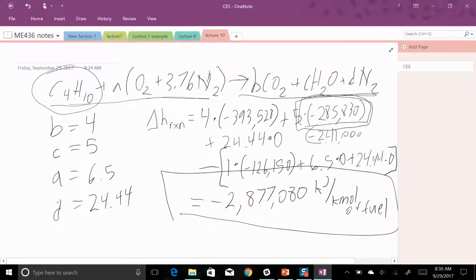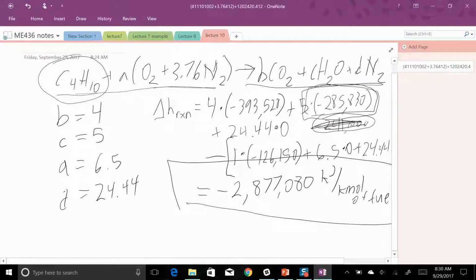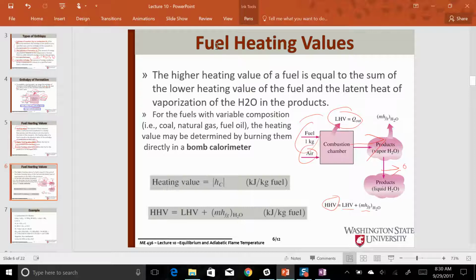And so if you see that number, then this would be the lower heating value. So whenever I'm using 285,000 for water, it is the higher heating value. So let me switch back and we'll start going over how to calculate the flame temperature.